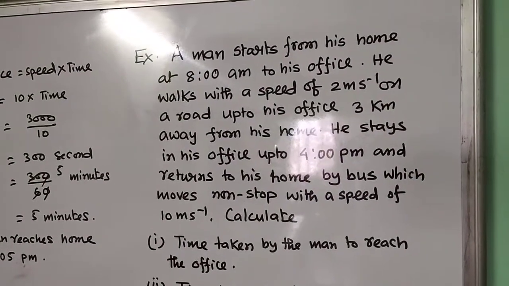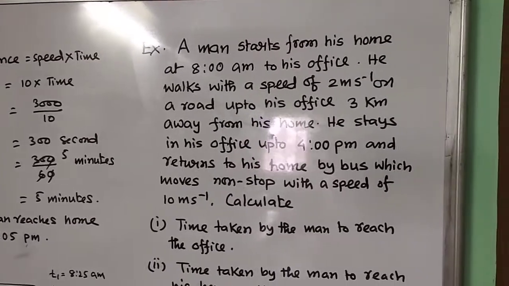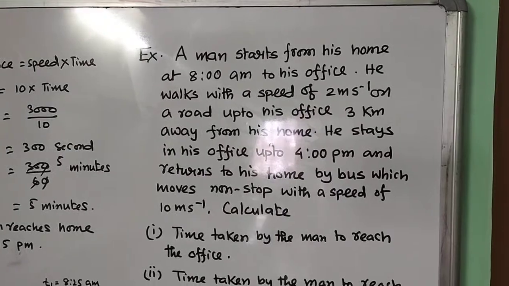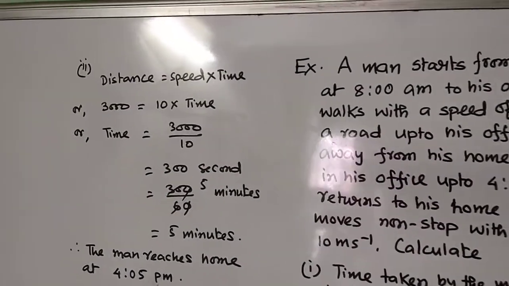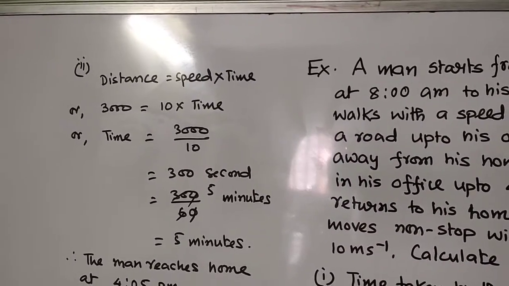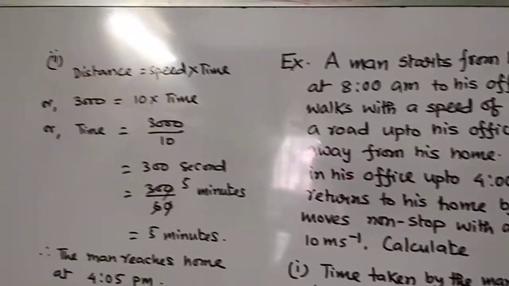Now next, on reaching his office, he stays in his office till 4, and at 4 he returns to his home by a bus which moves with a constant speed of 10 meters per second. So again we have to calculate the time, using the formula distance equals speed into time. Distance is again 3000 meters, speed is 10 meters per second, so 10 into time.